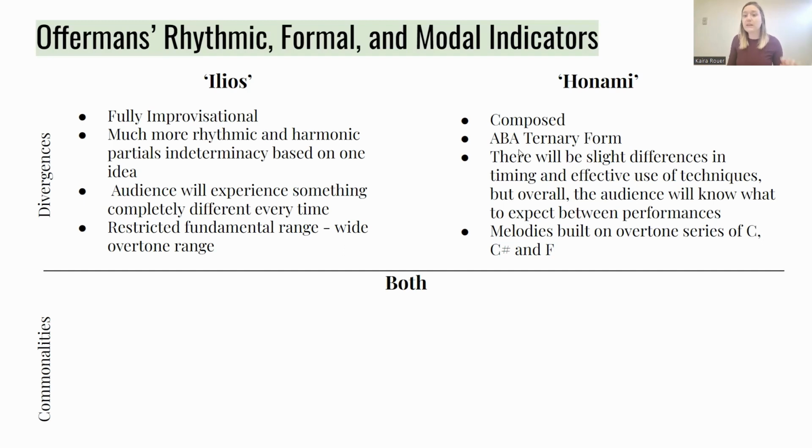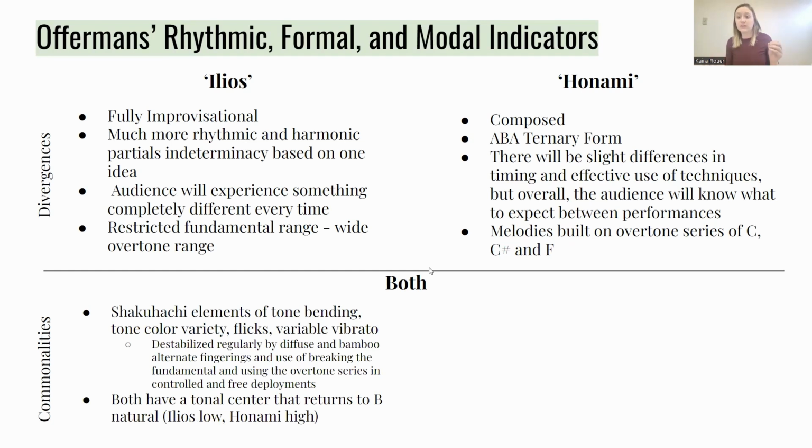So in Honami, there'll be slight differences in timing and effective use of techniques, where we have moments of indeterminacy, but overall the audience will know what to expect between performances. The melodies in the middle of Honami are completely built on an overtone series of C, C sharp, and F. And when you're trying to analyze these melodies, it's almost impossible to do it without considering the fundamental pitch.